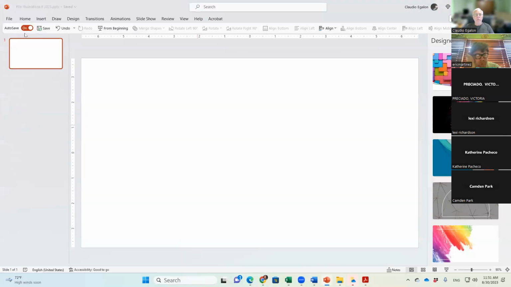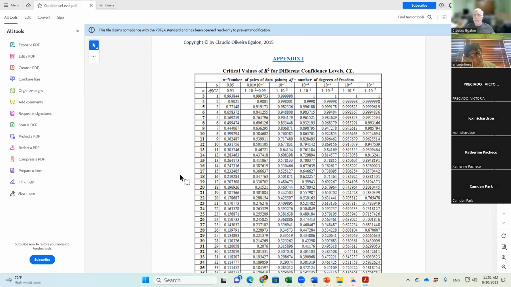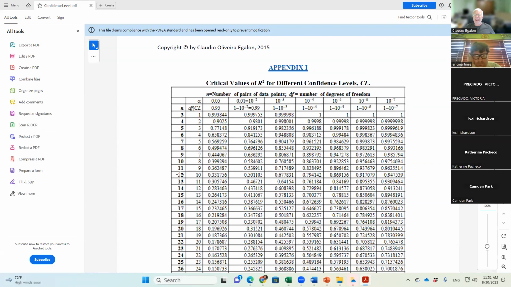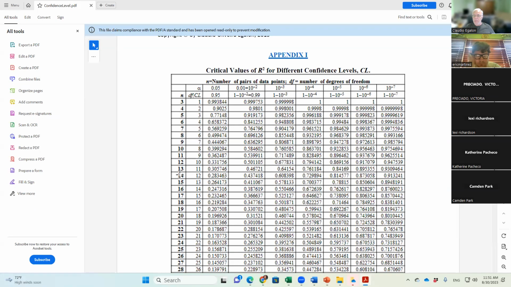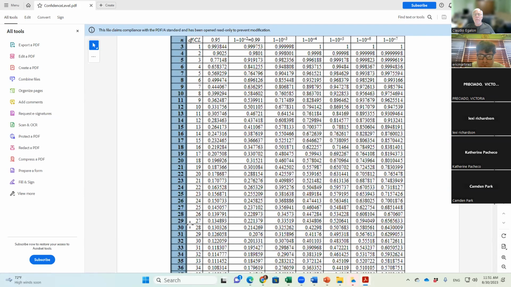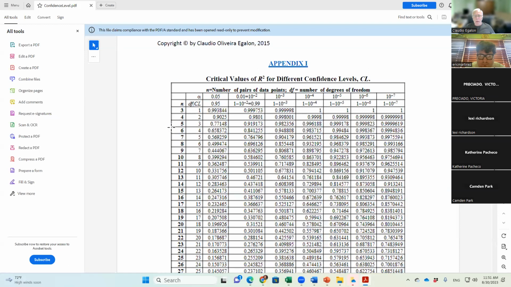Okay. Take a look at the table right in here. It's written Appendix 1 in the lab manual: critical values of R squared for different confidence levels, okay? Let's see how it's organized. You have the number of data points, N, in this column. I usually like to work in this region here, 6 or more.